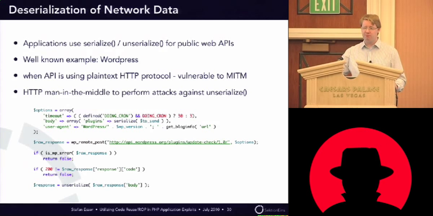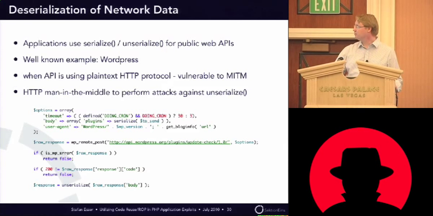The most popular application like this is WordPress. So when you have a WordPress blog, it will talk from time to time with api.wordpress.org in PHP serialized and unserialized form. And the problem here is it's talking HTTP, so any kind of HTTP man-in-the-middle attack can inject malicious serialized data into the unserialize on your blog.